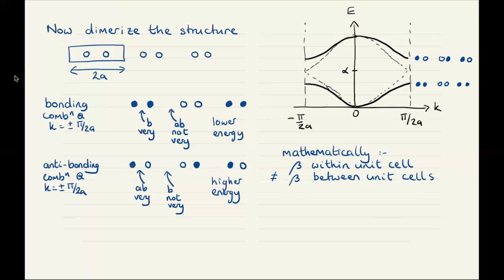The next thing to notice is that for a chain of hydrogen atoms with one s orbital per atom and one electron per atom, we have one electron per atom and one orbital per atom, then our band is half filled, or our manifold is half filled, and our Fermi energy that would have been exactly at this energy level in the dimerized case is now in the gap.